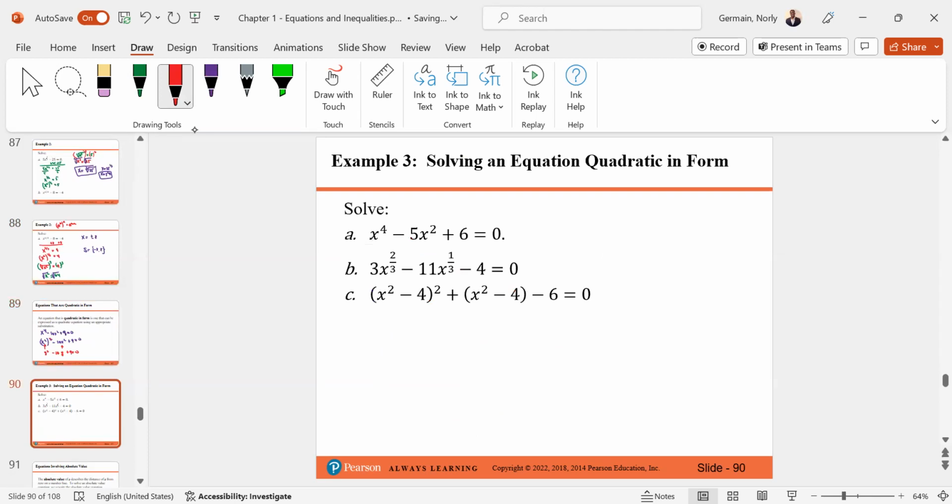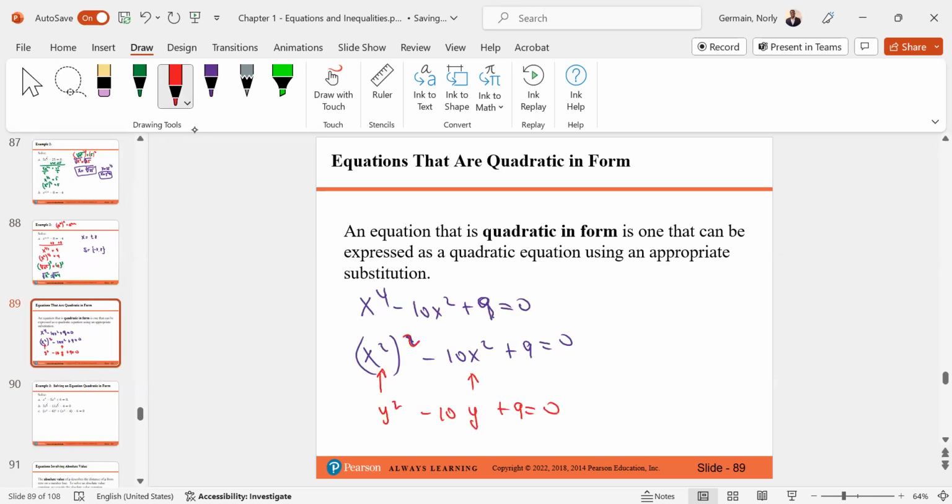In terms of definitions, we said an equation that is quadratic in form is one that can be expressed as a quadratic equation using an appropriate substitution. That's what we just said. Equations that are quadratic in form contain an expression to a power, the same expression to that power squared, and a constant term.